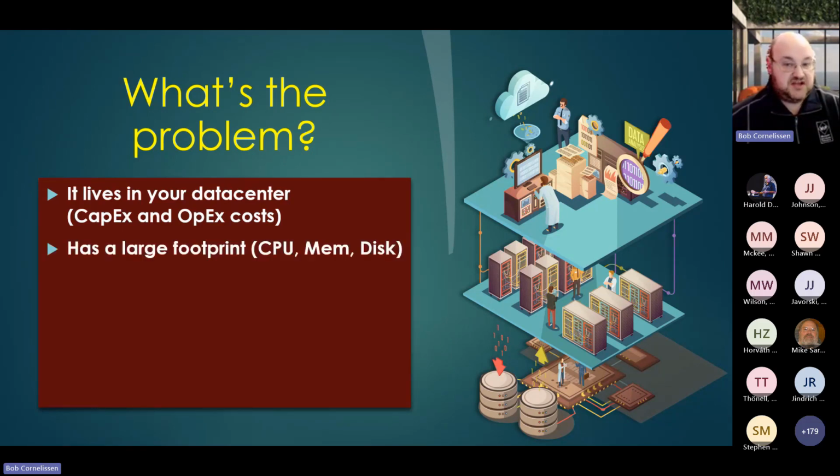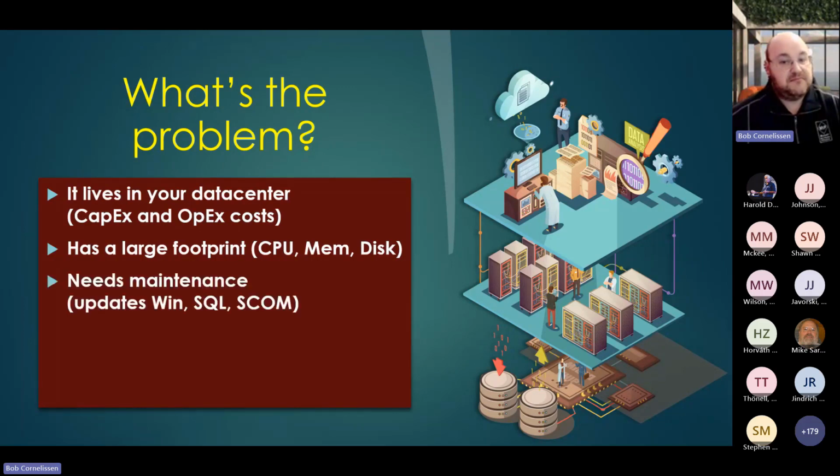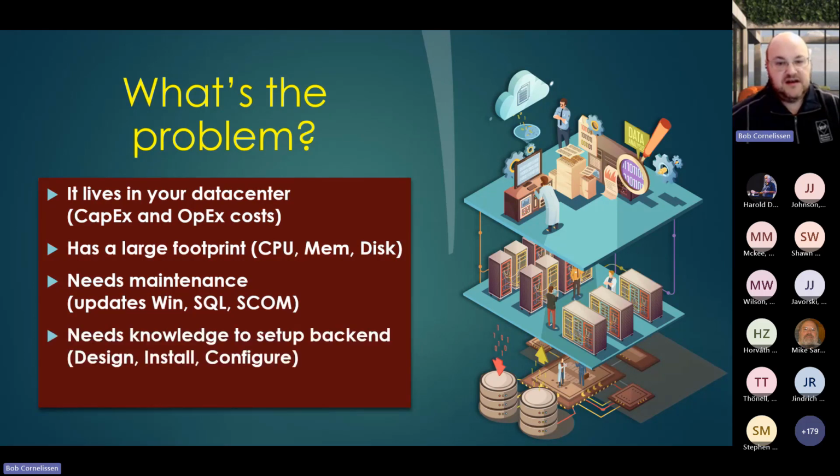SCOM is an application that needs a relatively large footprint in processor capacity, memory, and disk space, and it needs regular maintenance, such as monthly Windows updates, quarterly SQL updates, and, let's say, once or twice a year SCOM update rollups. It also needs knowledge to set up the backend through design, installation, configuration, and so forth. Something I have been asked to do for many customers in the last years, and still.